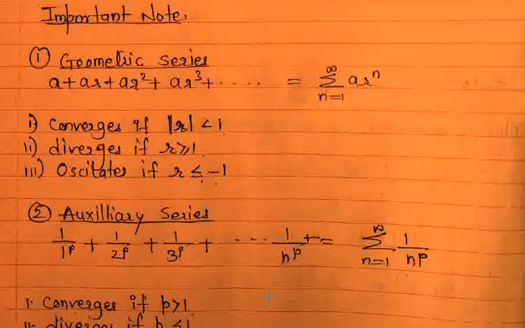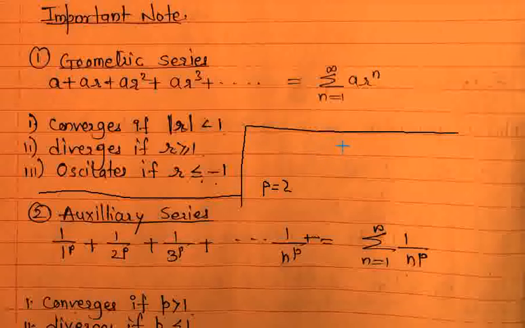For this question, if p is 2, you're going to have 1 divided by 1 squared plus 1 divided by 2 squared plus 1 divided by 3 squared. Now this is different from the geometric series because the common ratio does not exist.